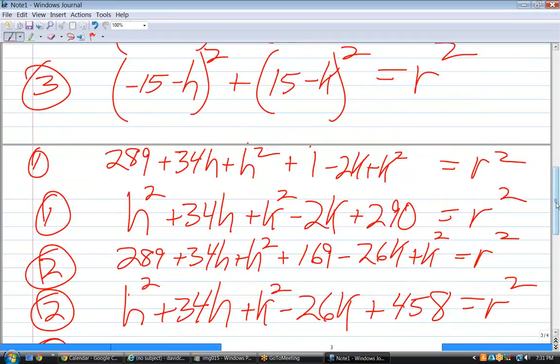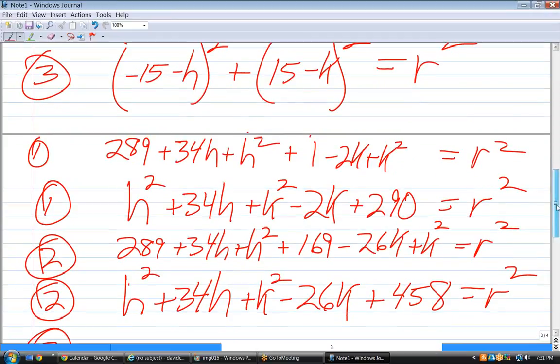Okay, so let's expand 3. So 15 squared is 225. Plus what? How many h?